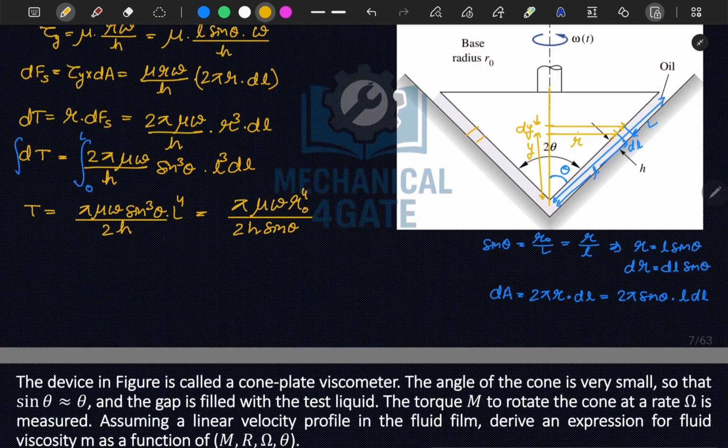We know that we can write τ is equal to I times dω by dt.